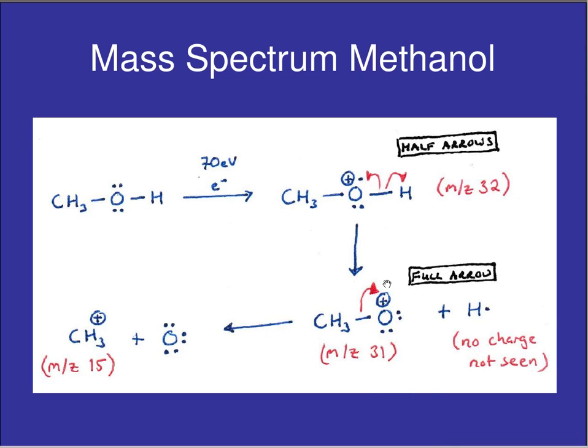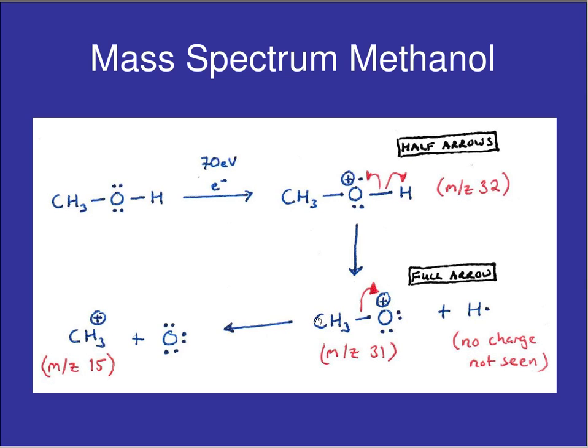So we form the pair of electrons here from the one, and the hydrogen atom is a radical in its own right, one electron around the nucleus, with no charge. When you move electrons in this way, charge does not change, so the charge remains where it is. Homolysis does not allow for movement of charge, and so what you end up with is this even electron cation.